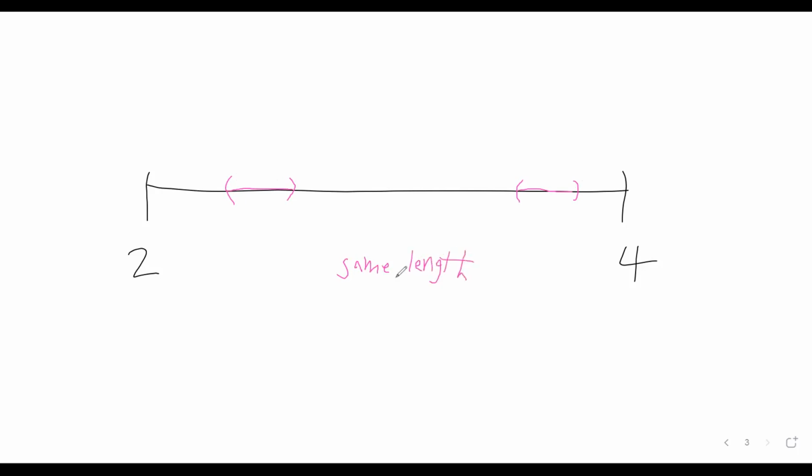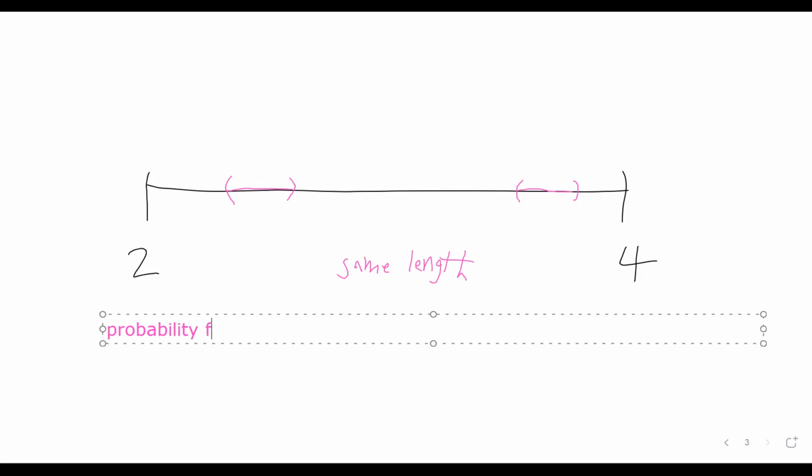Right, then the odds of x being in either subinterval is the same. Okay, so the probability of x being in either interval is the same.